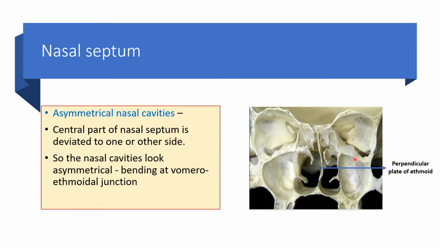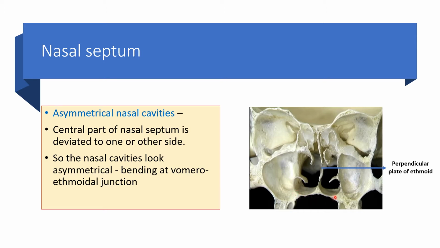In this picture, you can see the two nasal cavities and the nasal septum, the bony part of which is formed by the perpendicular plate of the ethmoid bone anteriorly. Here you can also see the lateral wall showing the bony conchae, and in between them the superior, middle and inferior meatuses.